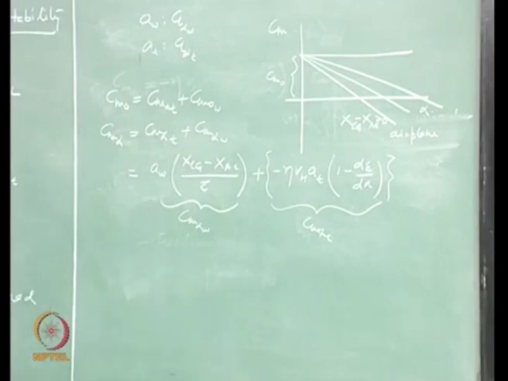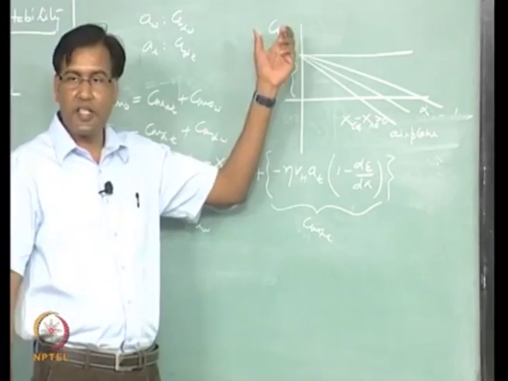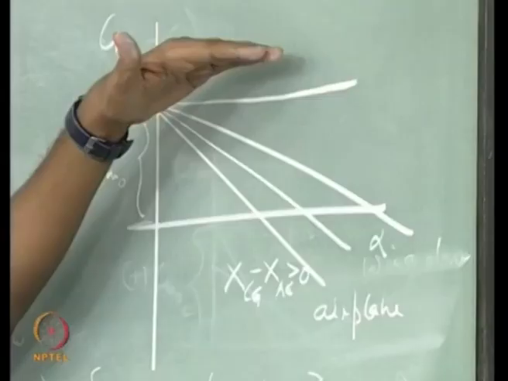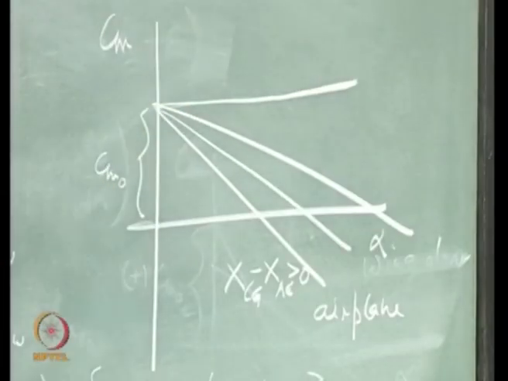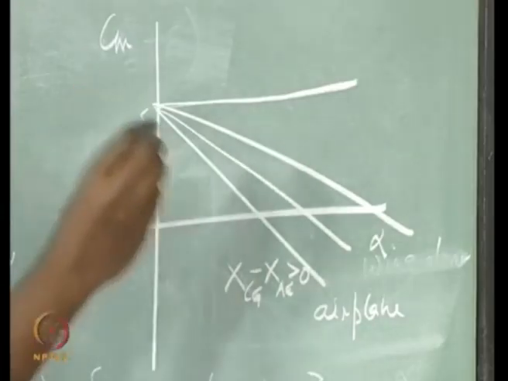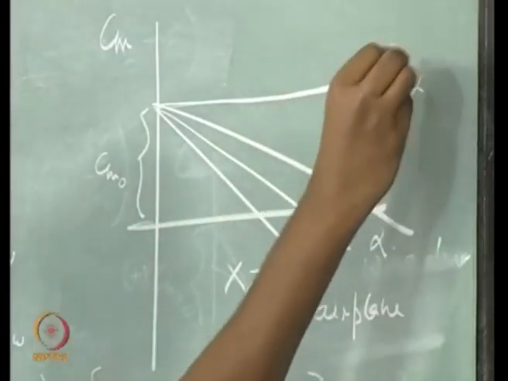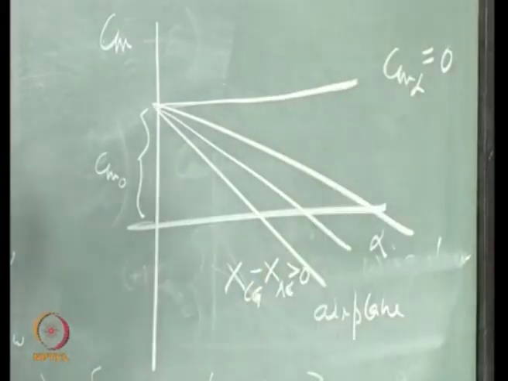And what is the CM alpha for this flat curve? 0, right. So, CM alpha becomes 0 at this point, right, and this I have achieved only by moving the CG, right.